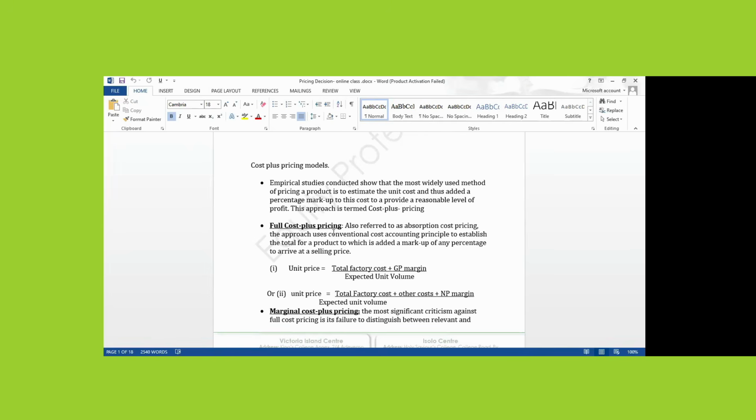Under this method, both your variable cost and your fixed cost are included in the total cost of a product.